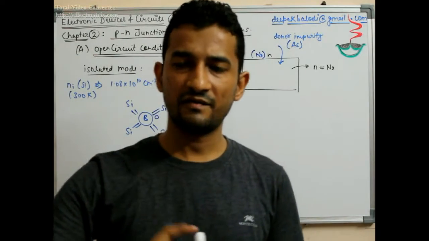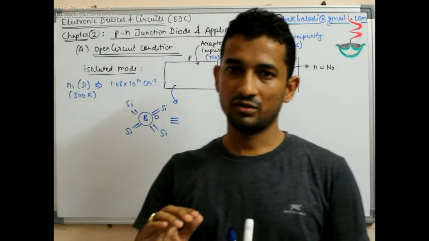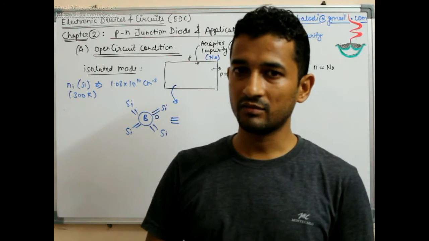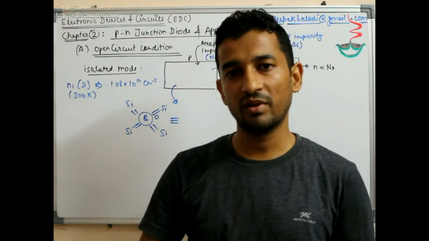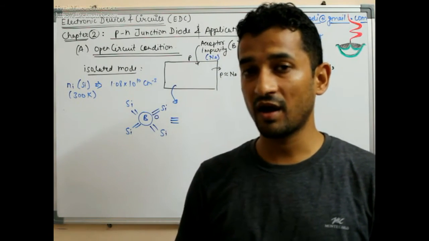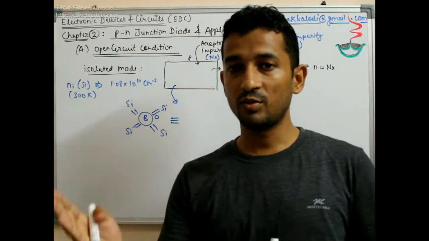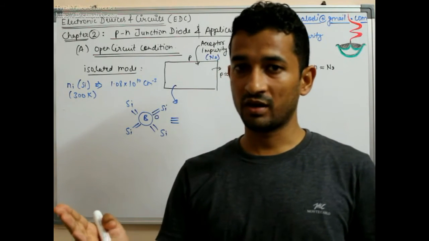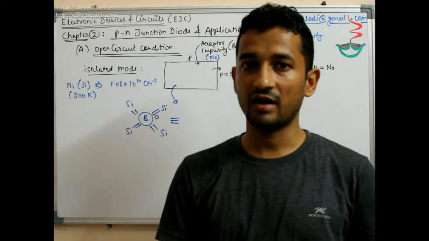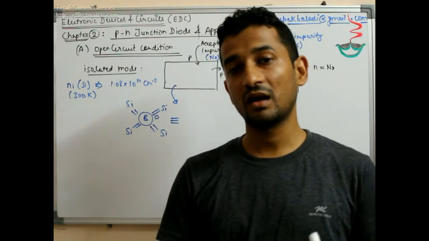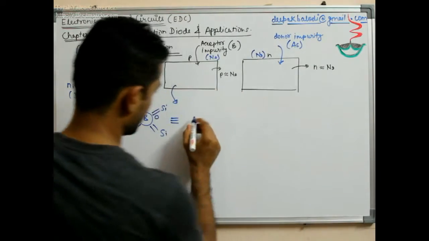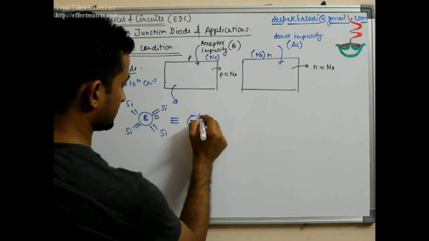So therefore in short we can draw it like, if a boron atom provides 1 free hole, and if we consider that free hole separate to the boron atom, then the remaining boron atom actually becomes an ion, and that too is negative ion because it has contributed 1 free hole that is positively charged. So the remaining atom would become an ion, and that too a negatively charged ion. So that is this.